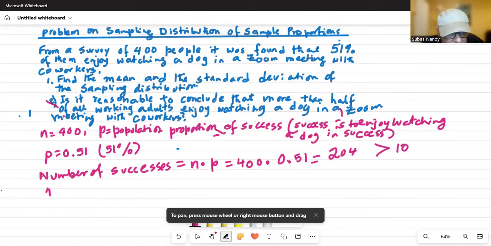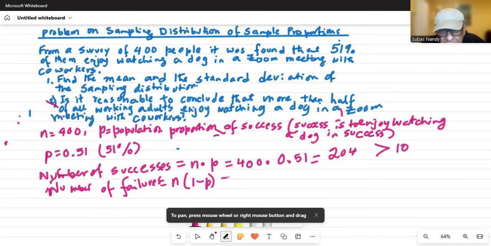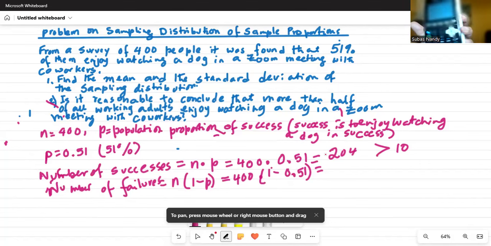We also calculate the number of failures, that is, the number of people who do not enjoy watching a dog in a Zoom meeting. It is n times (1 minus p), so it is 400 multiplied by (1 minus 0.51). I will use my TI-84 calculator.